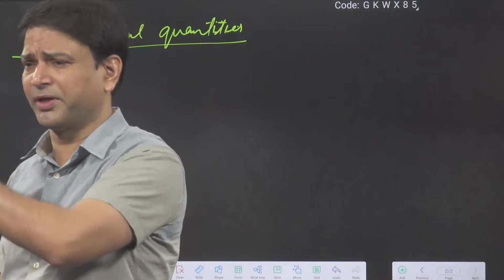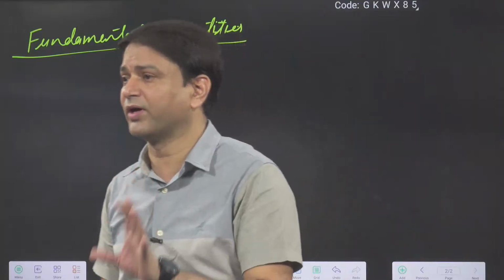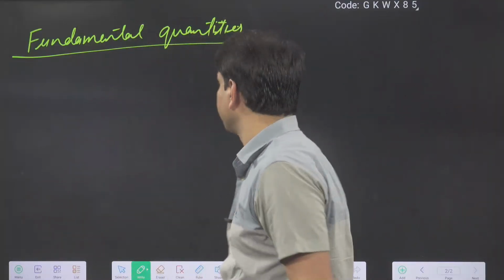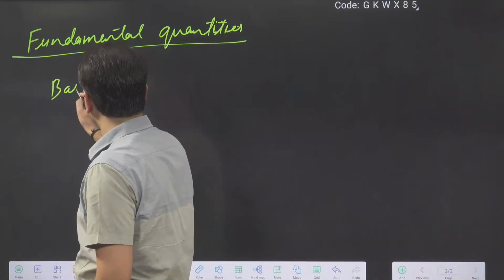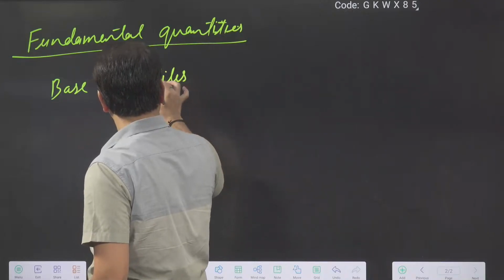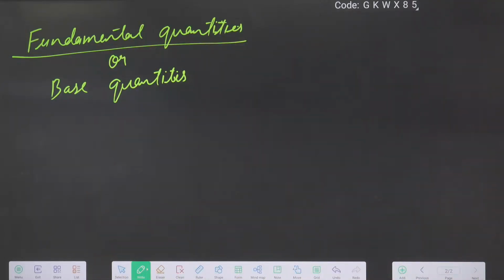I'm not asking for the number; everybody knows there are 7 fundamental quantities. I'm asking what you understand by fundamental quantity. What are the fundamental quantities, also called the base quantities? Who will say?